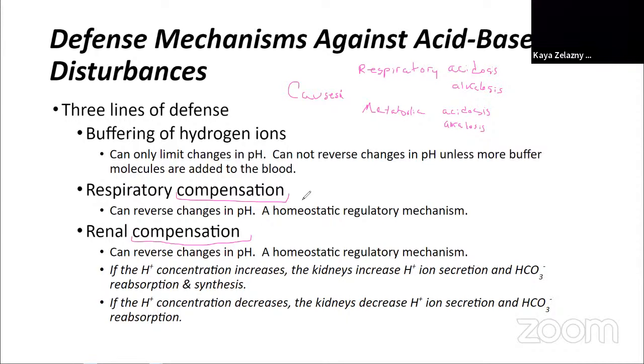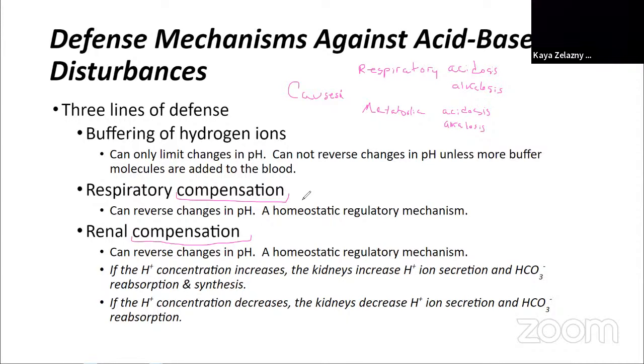That's on the order of minutes. You can change your respiratory rate pretty quickly, and that will have an effect pretty quickly, not as quick as already having bicarbonate in your blood, but this is fairly rapid. Number 3, renal compensation, is our slowest, long-term way of reversing our changes in pH.